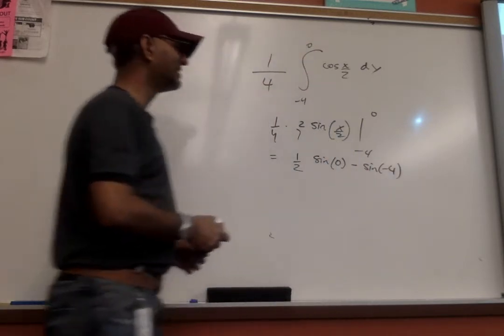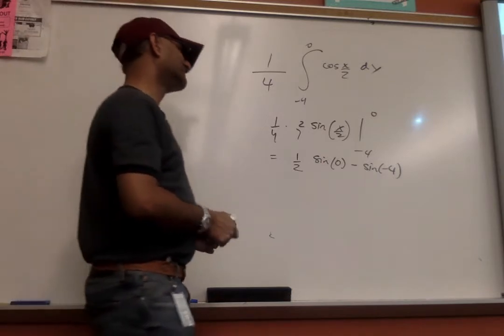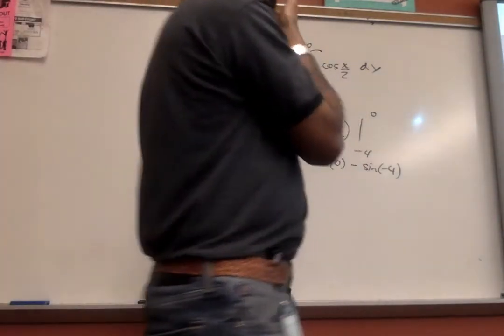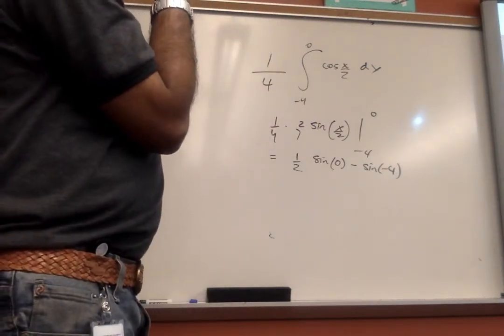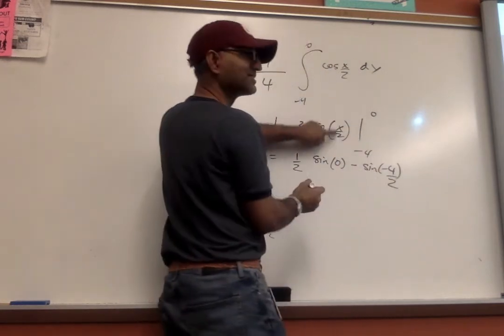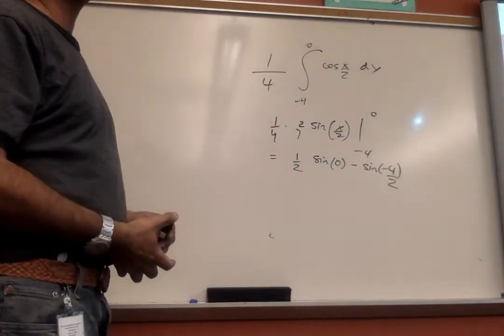We just did the rule. What's sine of -4 going to be? Negative sine 4. So the final answer is sine of 2 over 2. Sine x over 2. So the answer is E.